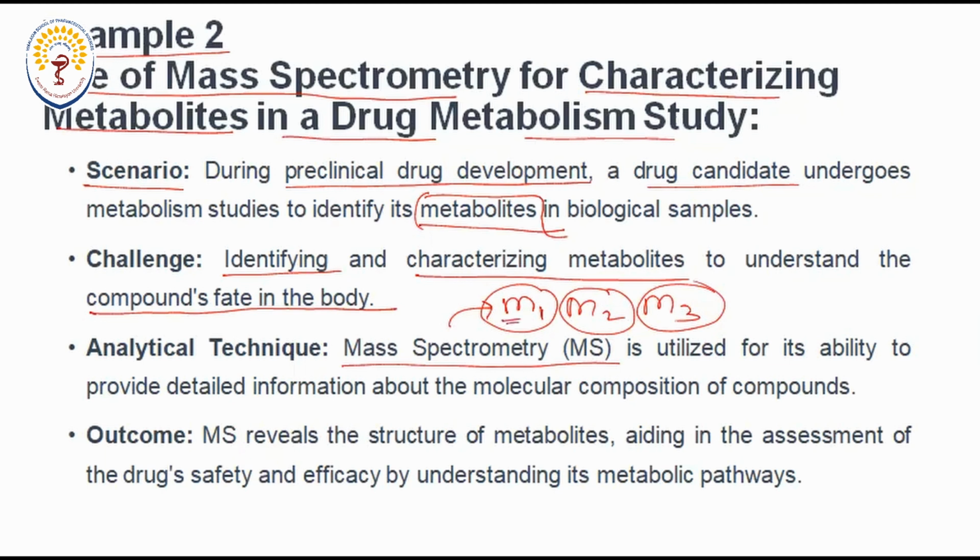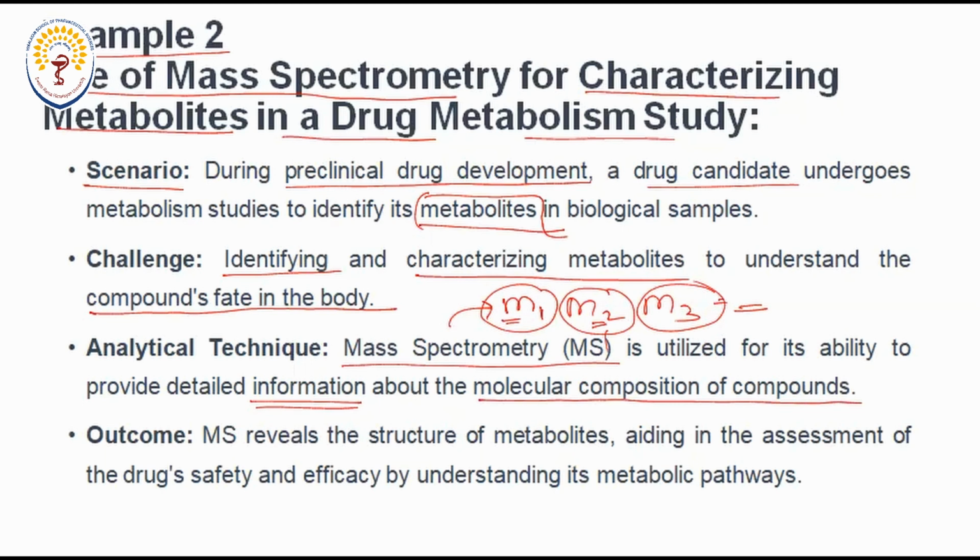It will detect the molecular mass of the first metabolite, second metabolite and third metabolite, and in that way you will get the information and you can easily identify these metabolites and understand how the drug is going through metabolism, which metabolic processes it is undergoing. By getting the molecular mass of a compound, you will get the molecular composition of these metabolites.